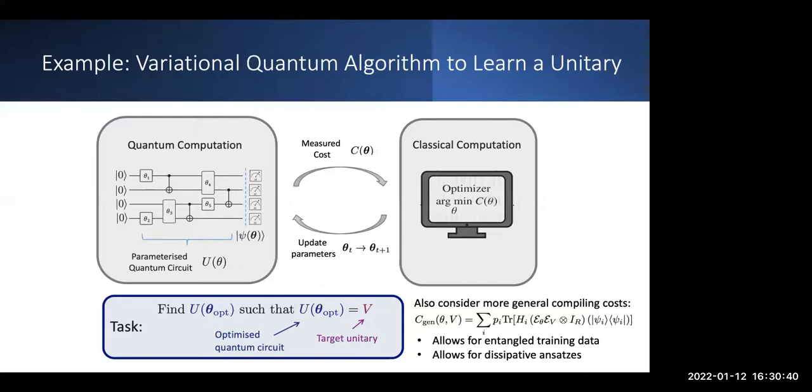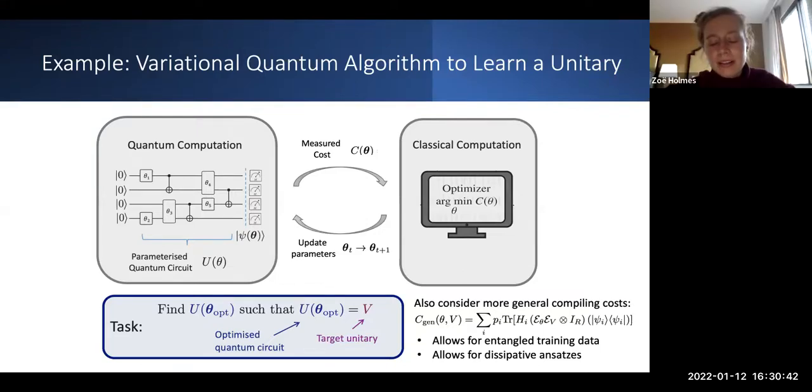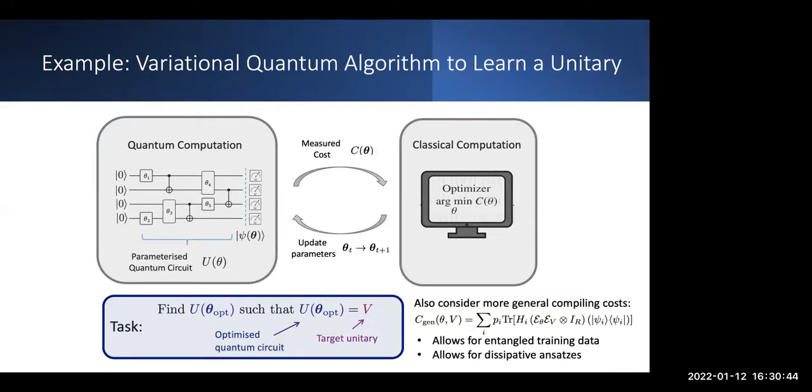I think process tomography is just not scalable, is the problem. No, but what I'm saying is, suppose that the unitary you're trying to learn, I guess you're looking at scramblers, and I don't know if they would fit into this, but suppose that it can be written as a linear combination of a number of Pauli strings that's linear in the number of qubits.